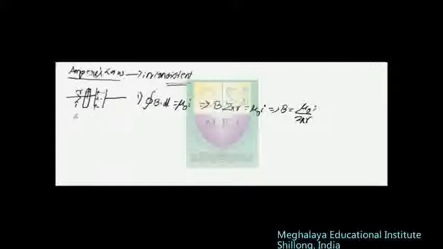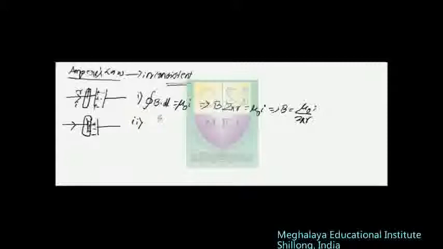Now let's take one more case. Let's consider the same thing here, but this time let the Amperian loop be on the surface of the positive electrode, the capacitor plate. Let this be the Amperian loop. Now what happens in the second case?